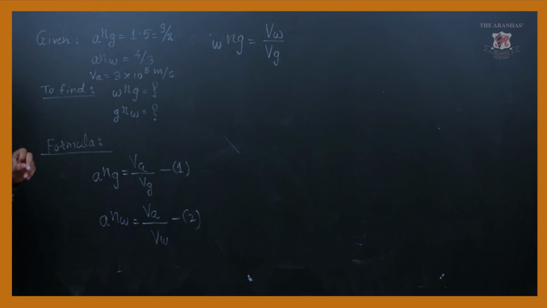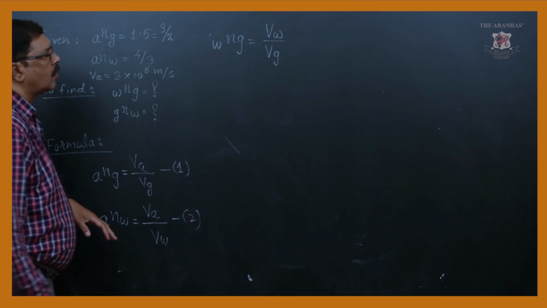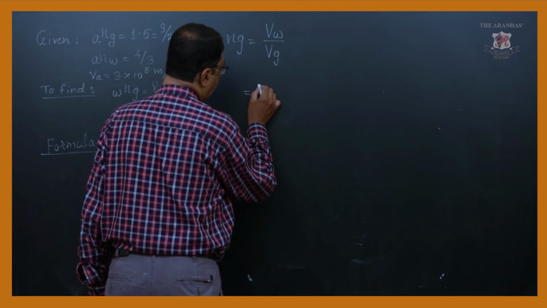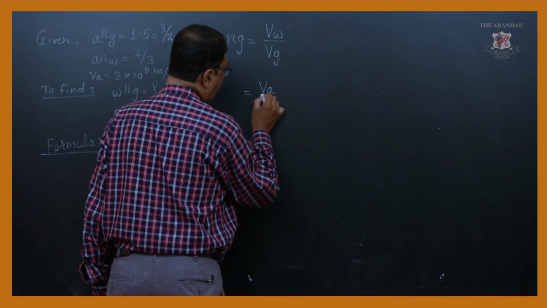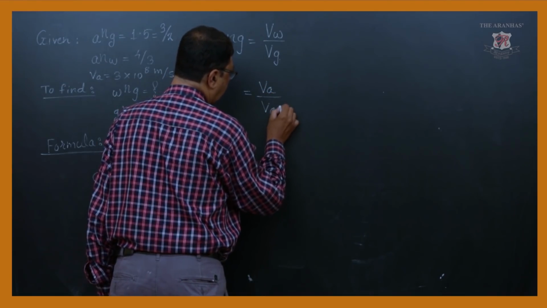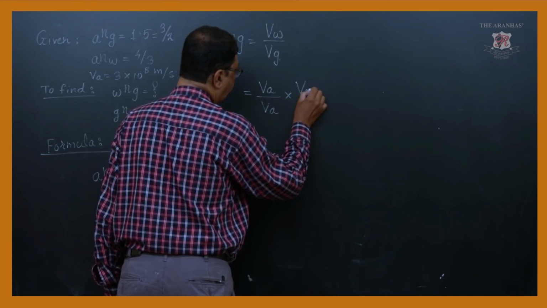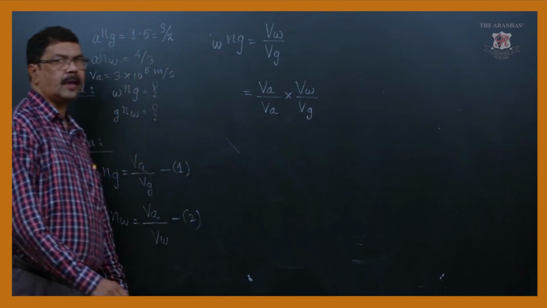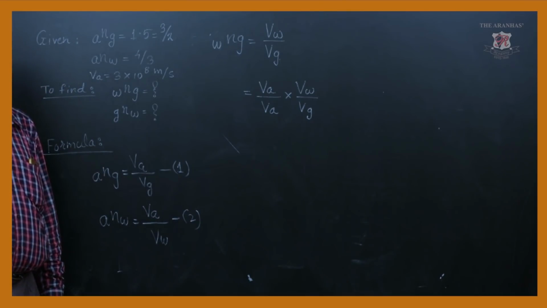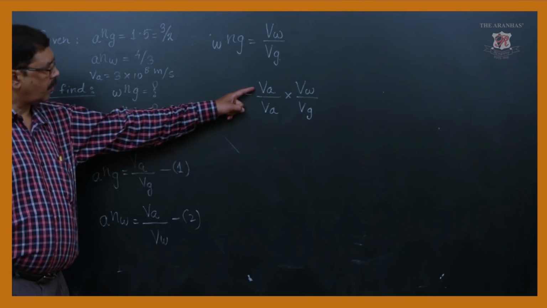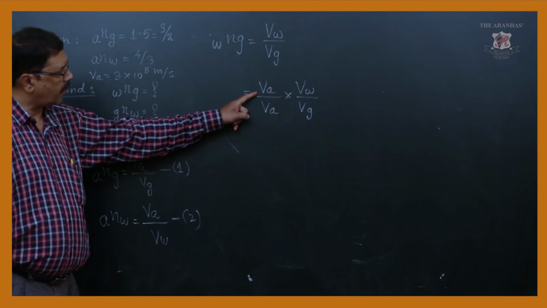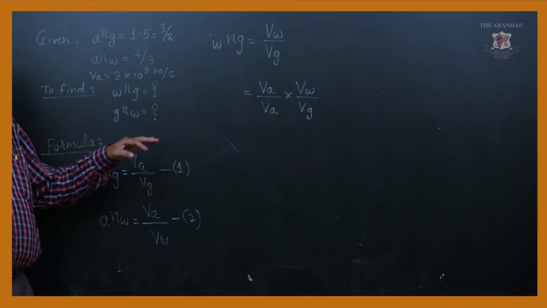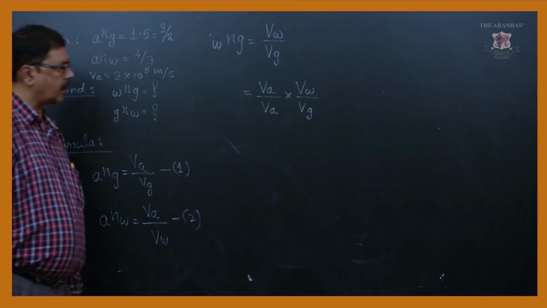Now Vw upon Vg, I am writing here as Va upon Va into Vw upon Vg. Check whether there is any change made in the formula. I don't think so, because this is as good as multiplying by 1, you can cancel out.